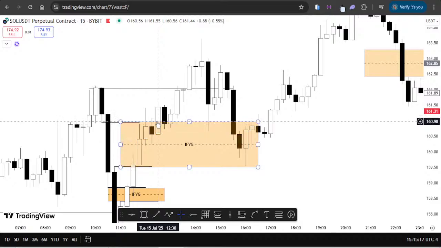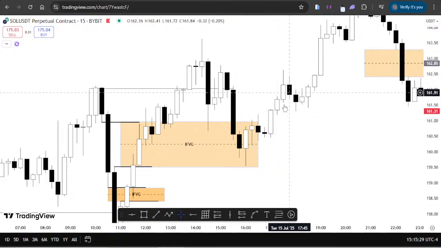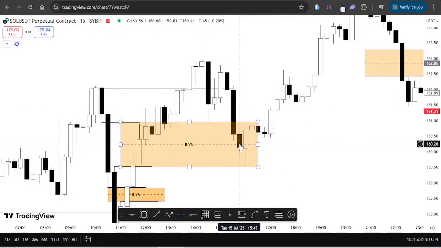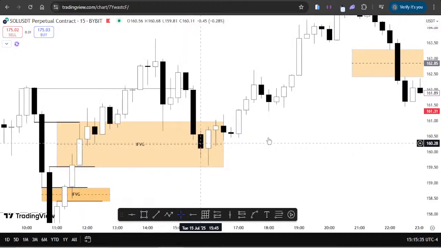Invalidated fair value gap, rather. So once this fair value gap is invalidated, I like to see price return to the midpoint before taking my entry from the midpoint or the consequent encroachment of this inversion fair value gap.